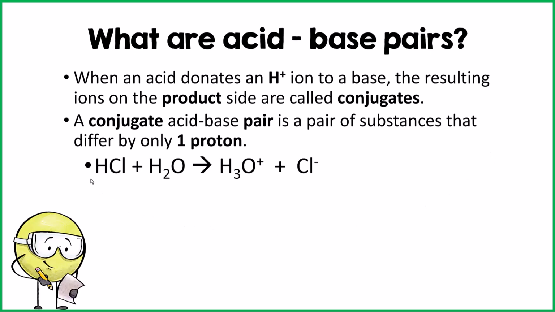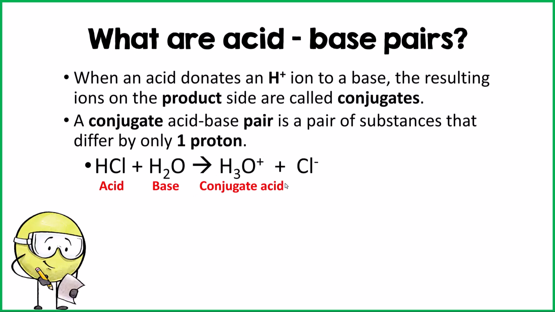If we use our same reaction, hydrochloric acid plus water yields this, which is called a hydronium ion, and a chloride ion. This is going to be our acid because it is donating a proton. The water in this case is acting as a base.